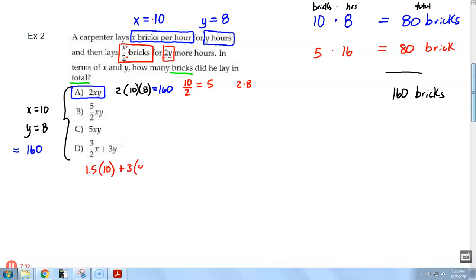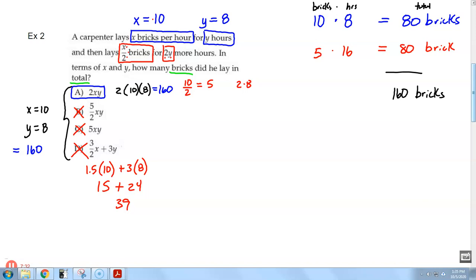Y was 8. Well, if I try this out, 1.5 times 10, that's 15 plus 24. Well, that's only 39 bricks. That's way too short. And you're going to find when you plug in these other numbers, none of those other ones work as well.